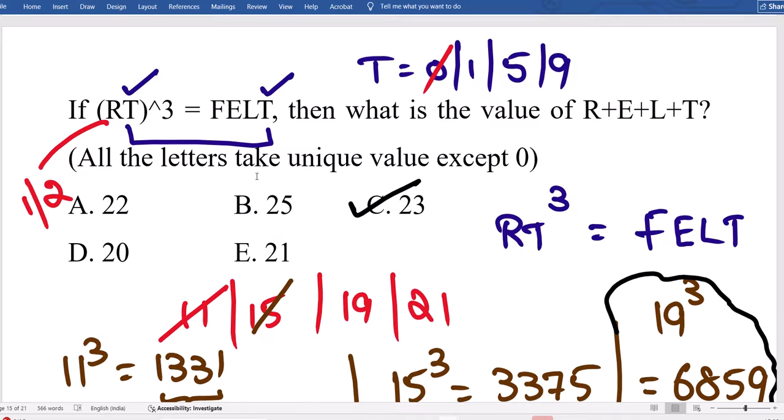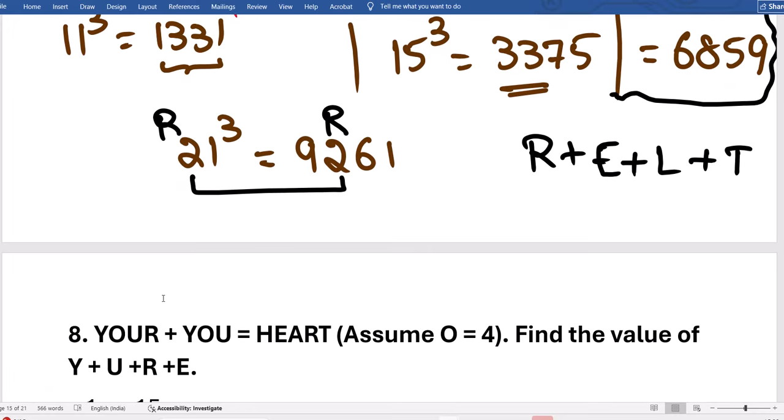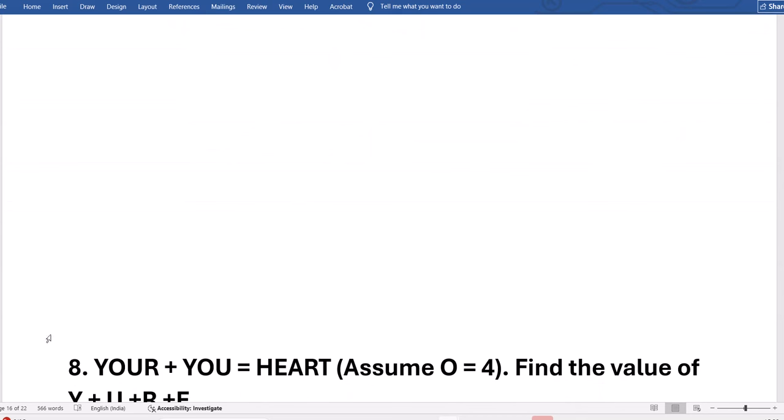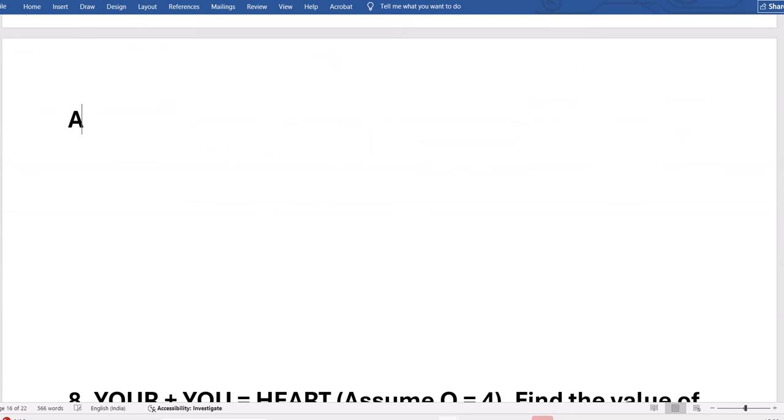Done with this? Now I'll go for the next question with factorial. Addition, subtraction, now this is power, factorial, then multiplication. Here the question has no factorial, but let me go for factorial. A factorial plus B factorial plus C factorial equals ABC.